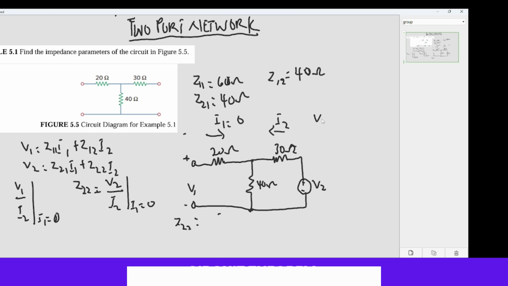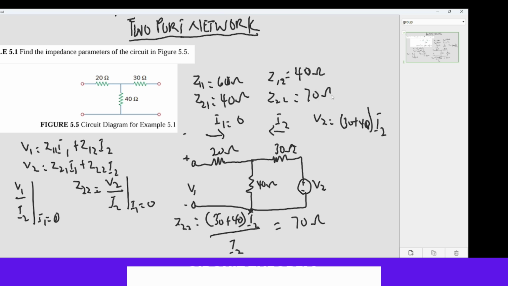So I can say my V2 is equal to 30 plus 40, the sum of the resistances times the common current, that is I2. So my V2 over I2 is equal to 70 ohms. So my Z22 is equal to 70 ohms.